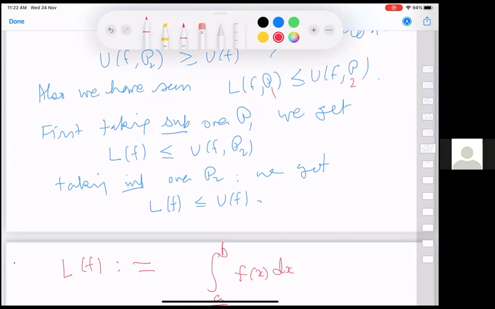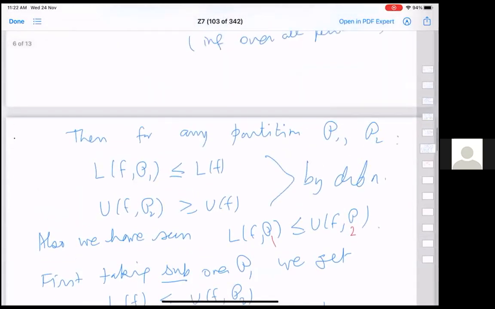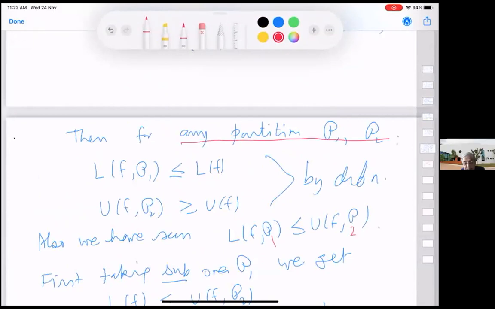Shouldn't it be the supremum for all the partitions? Yeah, so supremum over P1 means over all partitions P1. Oh, okay. We're not defining P1 as a particular partition. No. P1 and P2 are just two arbitrary partitions given. Okay. For any partitions P1 and P2, no relationship between them. Okay.